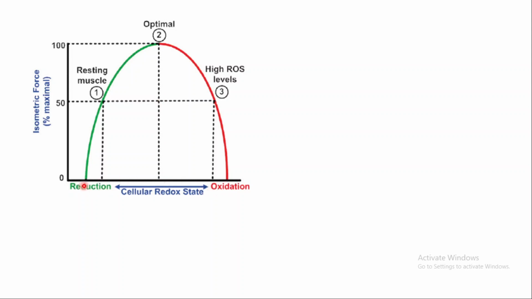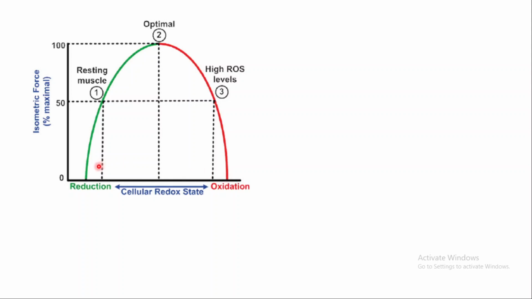So mild exercise will lead you from point 1 to point 2, the optimal state, but doing more exercise or strenuous exercise will increase the ROS levels, which will again bring the isometric force of the muscle down to 50, and then down even at higher oxidation states down to 0.